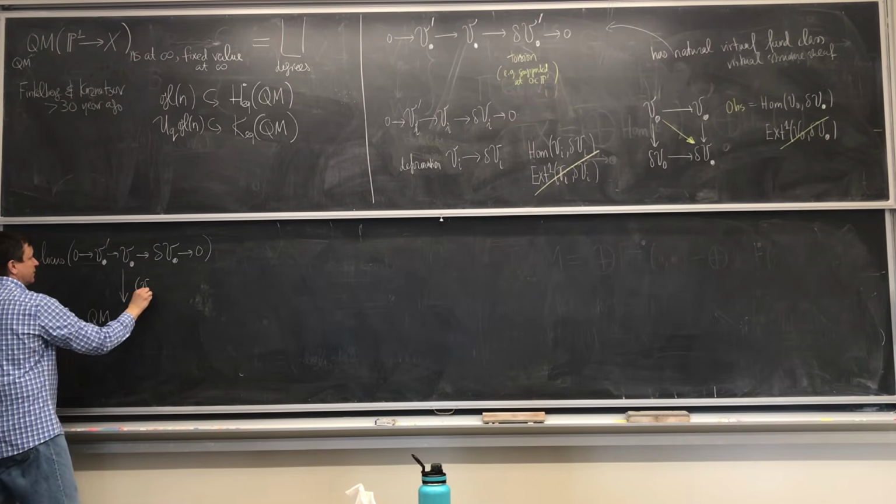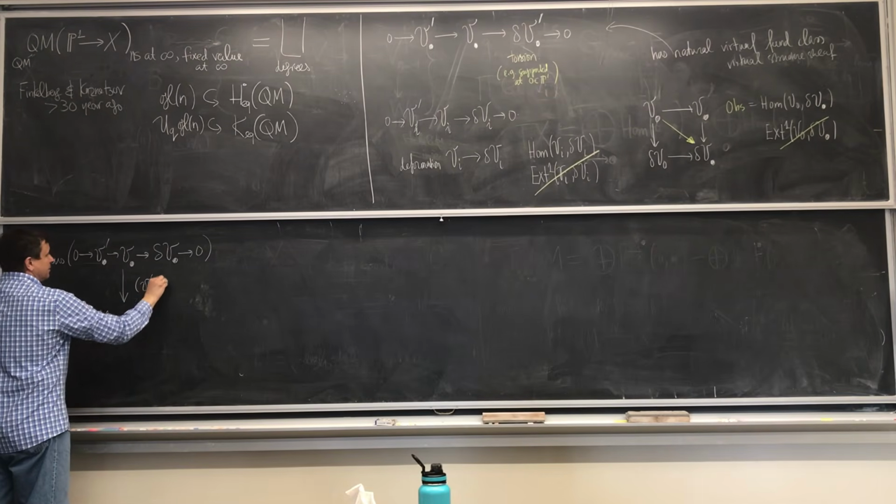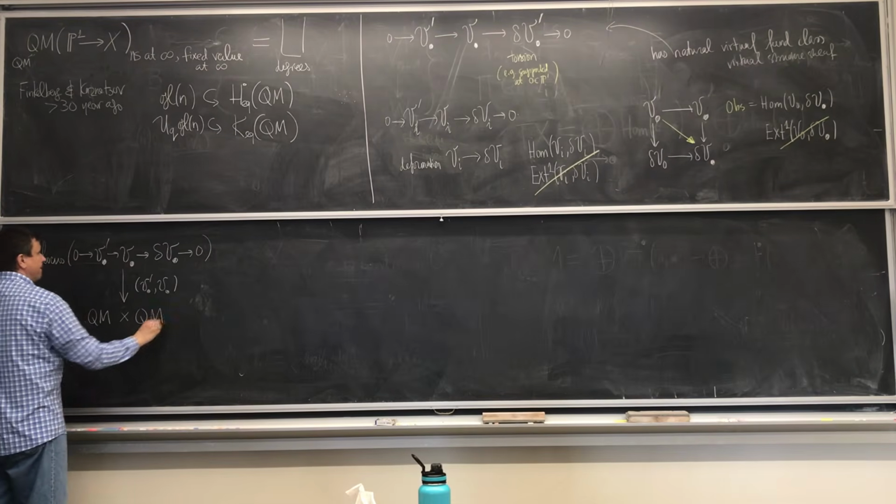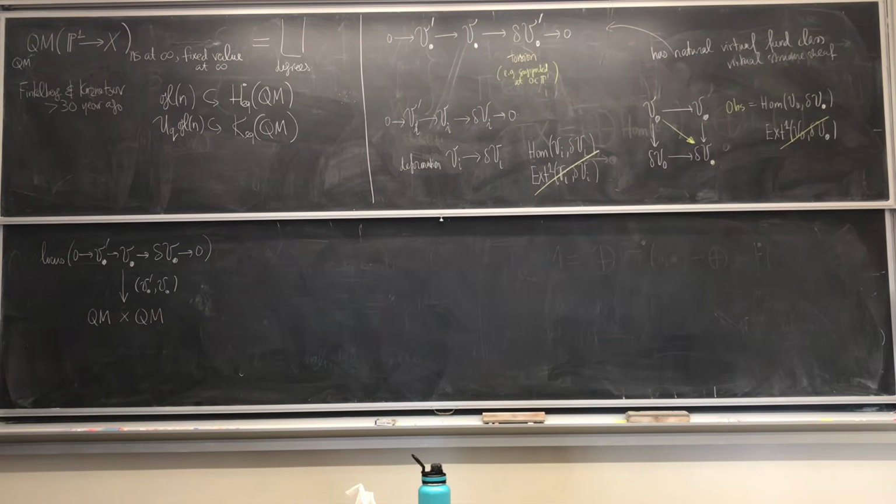Just forget the maps, get the Quasimaps. And so if I compare the virtual tangent space here with the virtual tangent space here, I can make the relative virtual tangent space.